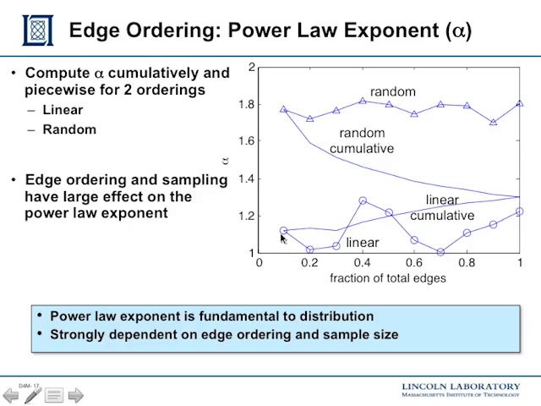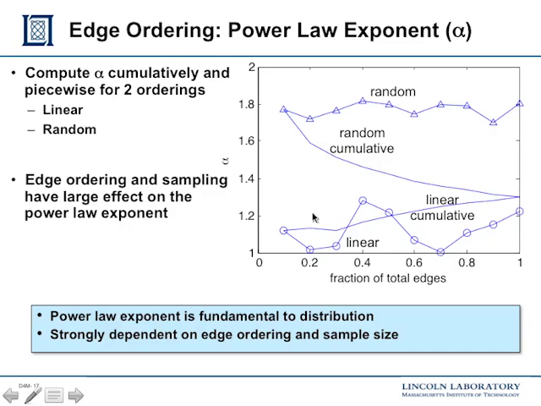If we sample randomly, taking random vertices, the slope starts out very high and each sample stays high, but when we start accumulating them, they converge on the true value from above. Likewise, when you do linear sampling, you get a direction in the opposite way, and they both end up converging onto the true value of 1.3.